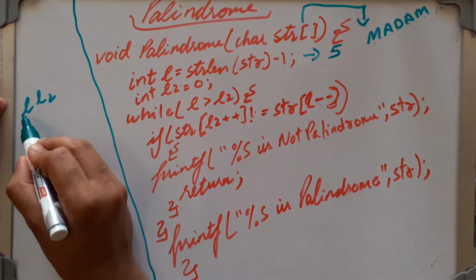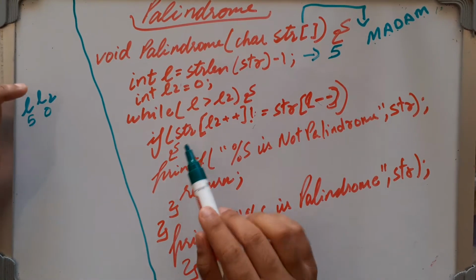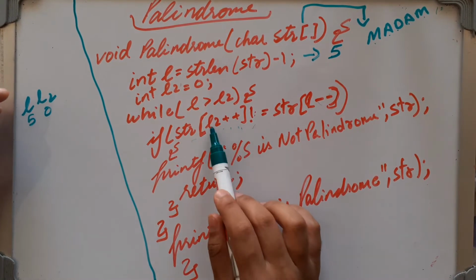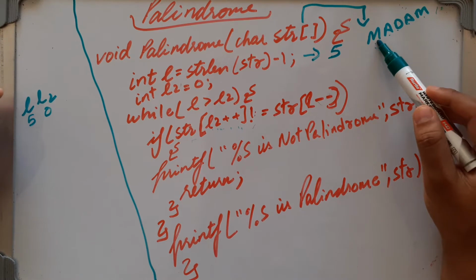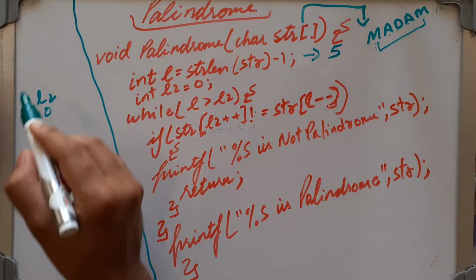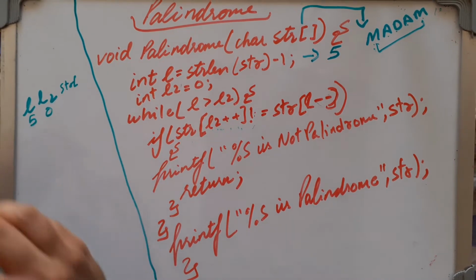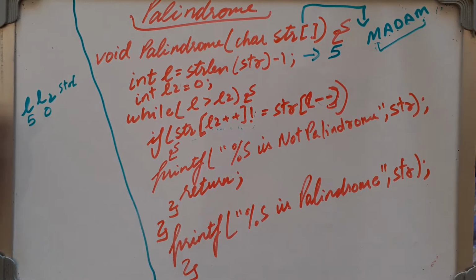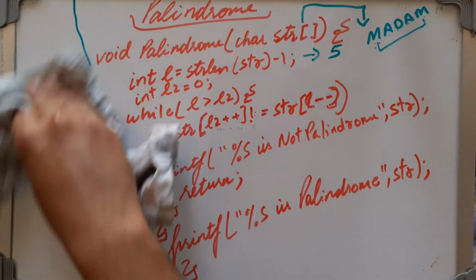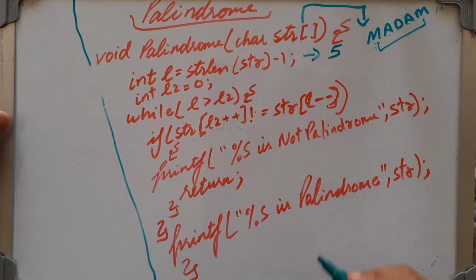L is 5 and L2 is 0. Then str of L2++, that is str of 0, is m, and it is compared with the end one. Let me write here str of L2. Let me get more space so that we can have a proper understanding of that program.